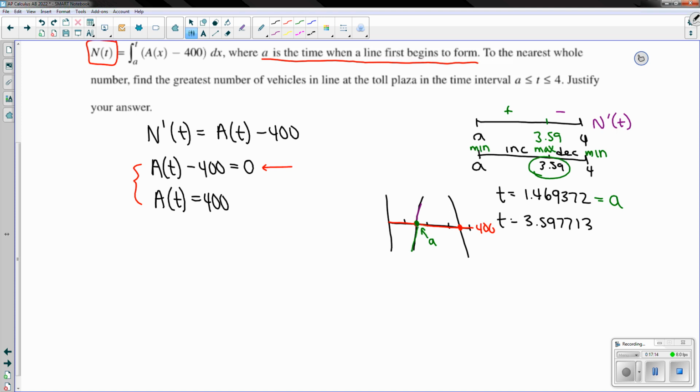So once again, we figured out where it happens, but now we need to fully answer the question and determine, well, what is the greatest number of vehicles now that we know when it occurs? So we're going to have to evaluate this function at this value. Okay, so we know the max occurs here.